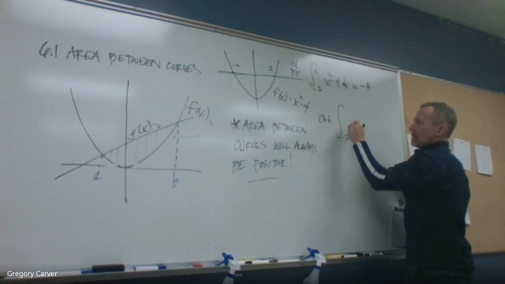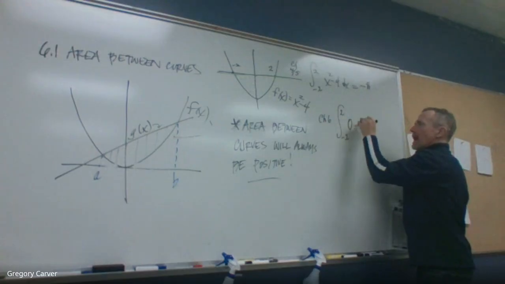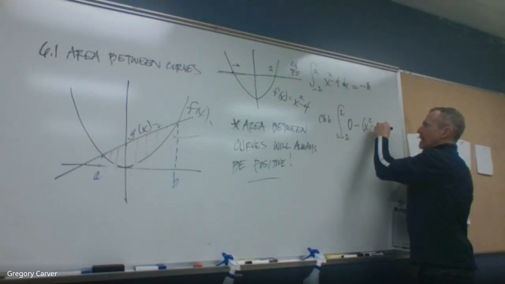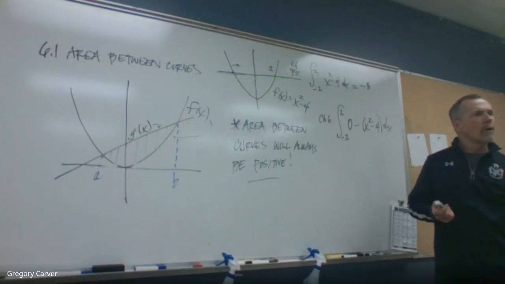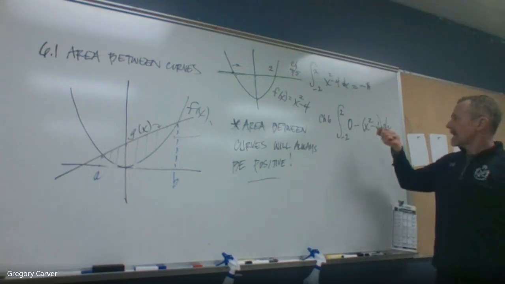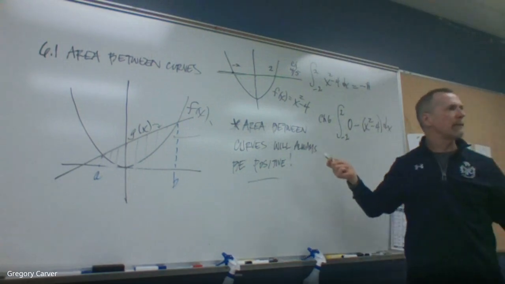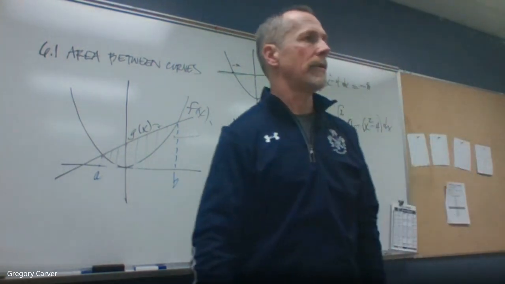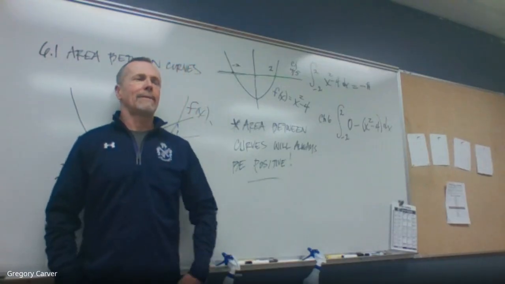I'm going to do the integral from -2 to 2 of 0 minus (x squared minus 4) dx. I have to have two curves. So doesn't it make sense that this was a negative number, and now suddenly it's positive in chapter 6 because I have that second curve. Is that good? All right, sweet.